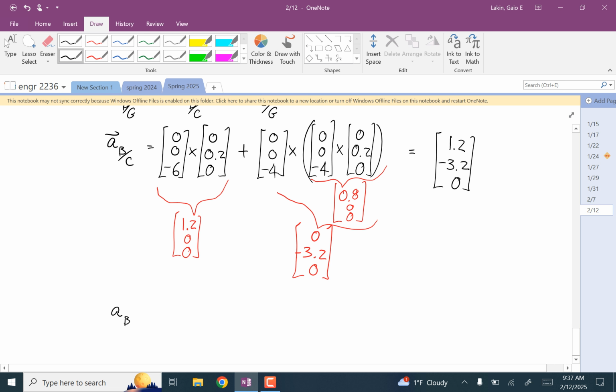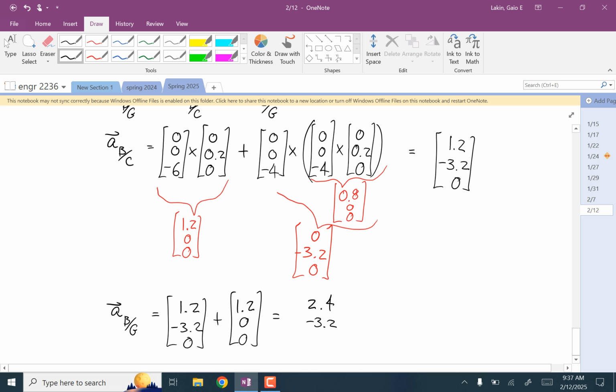The acceleration of B relative to the ground is equal to 1.2, negative 3.20 plus 1.200. So 2.4, negative 3.20. Any questions about that?